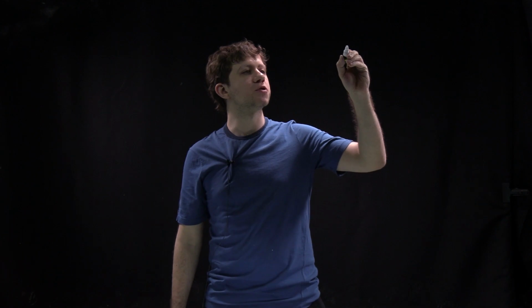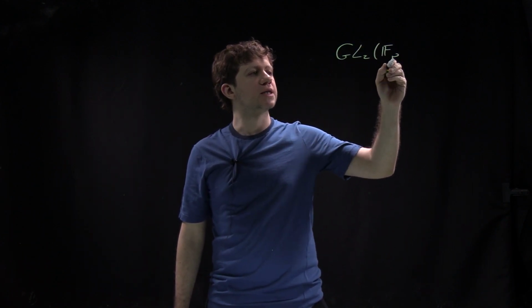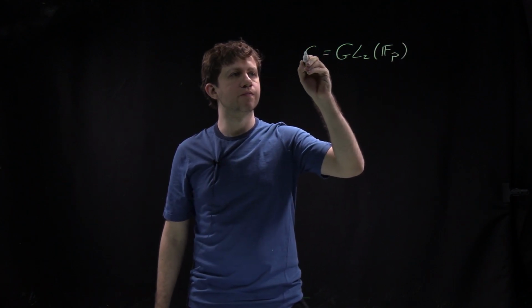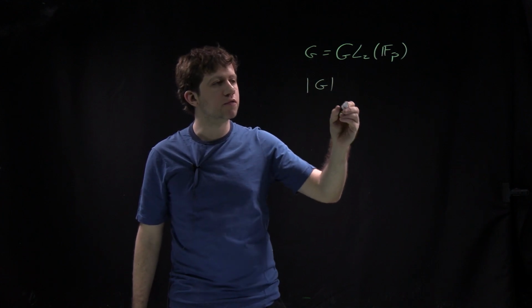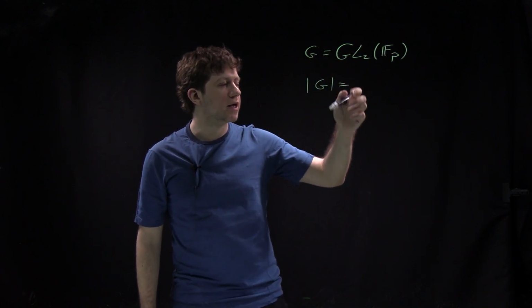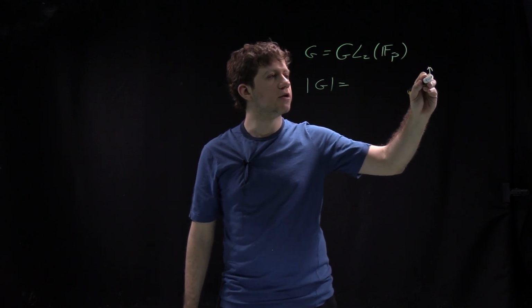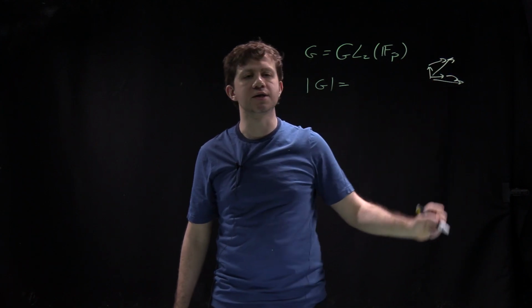Okay, so we start with GL2 of Fp. Let's recall the size of this group G. I already made this argument, but just again, the order of G is computed as follows. To understand an element there, you just need to take a standard basis and move the first vector here, the second here.